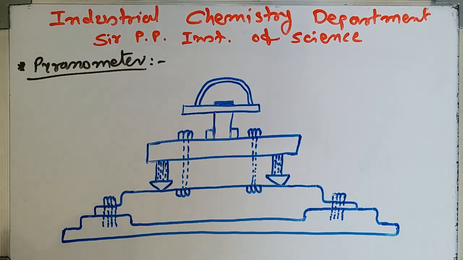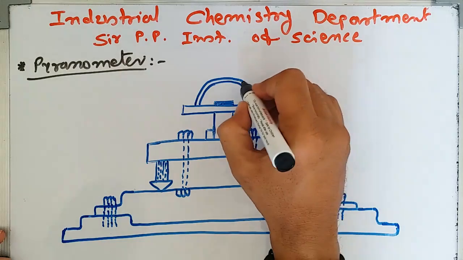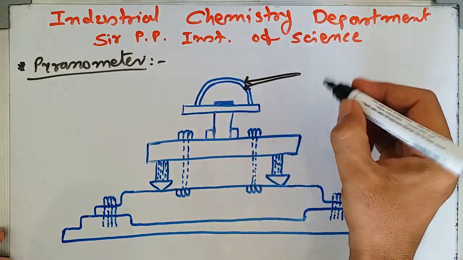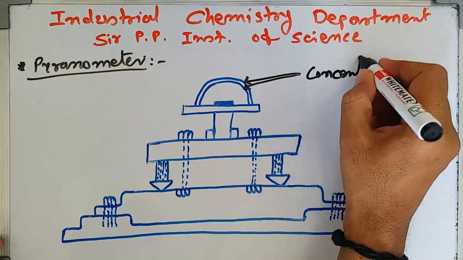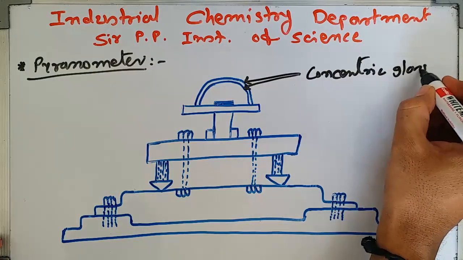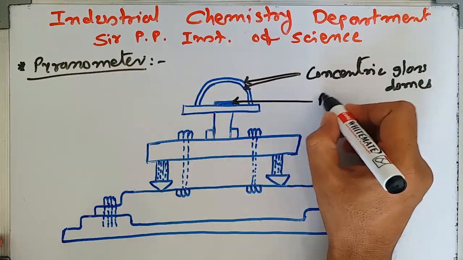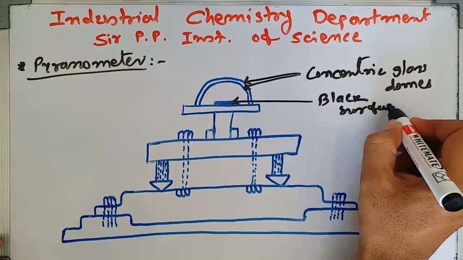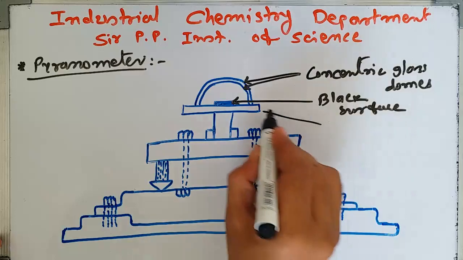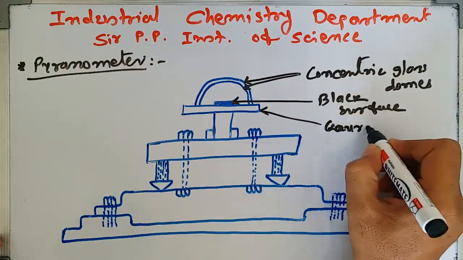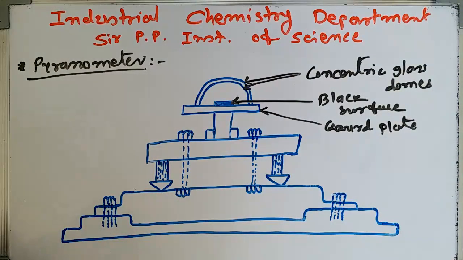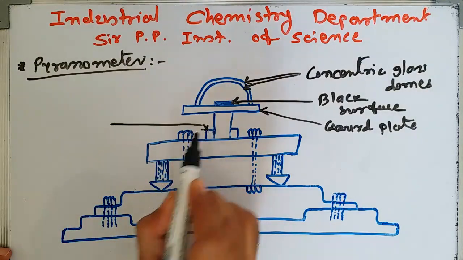Now we give names to the different parts used in measuring global radiation. This is the pyranometer. First of all, we give the name here. These are the concentric glass domes. This is the black surface. This is the guard plate. This is the wooden plate.